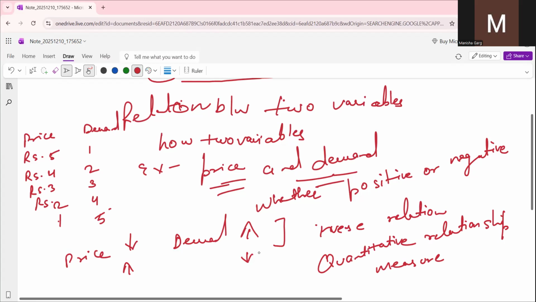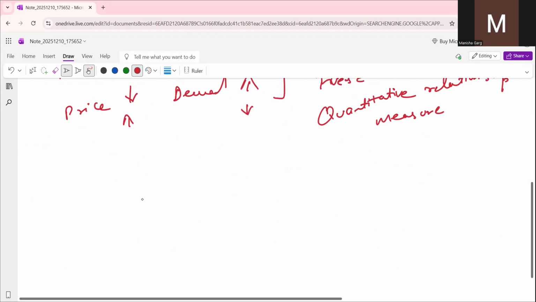So correlation told us what the relation is between price and demand, whether they are inversely related or positively correlated. Here we take an example of price and demand, where we see when the price of a commodity decreases, demand increases from 1 to 5. So correlation tells us about the relationship between the variables, that how they are correlated. Is it clear?